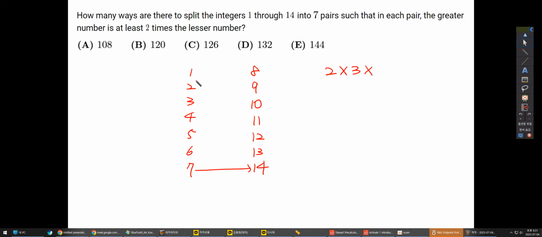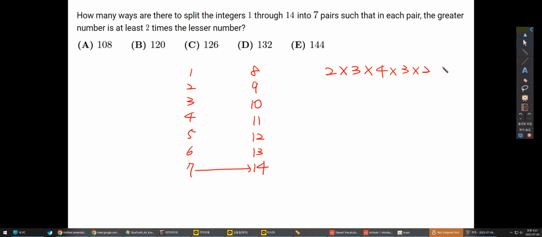And then from 1 to 4, all numbers are at least 2 times greater than number 4 through 1. So these four numbers can pick any number in the second group. So for number 4, the number of choices left, after 5, 6, 7 made their choices, is 4, and then the number of choices decreases by 1.